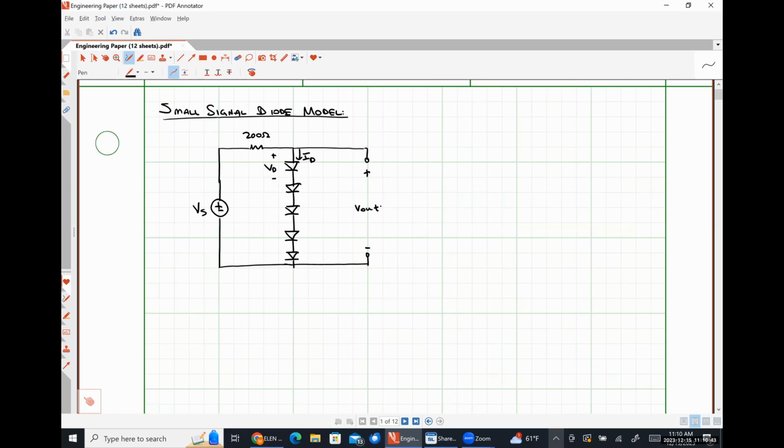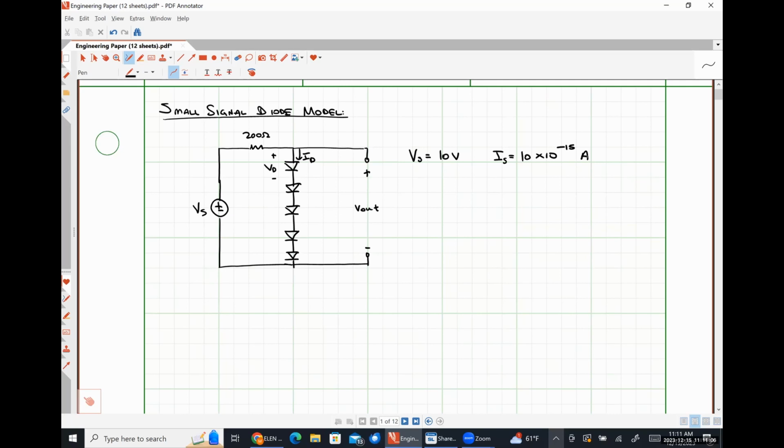Let's say, to start things off, that Vs, our source voltage here, is 10 volts, and our diode saturation current is 10 times 10 to the negative 15 amps.